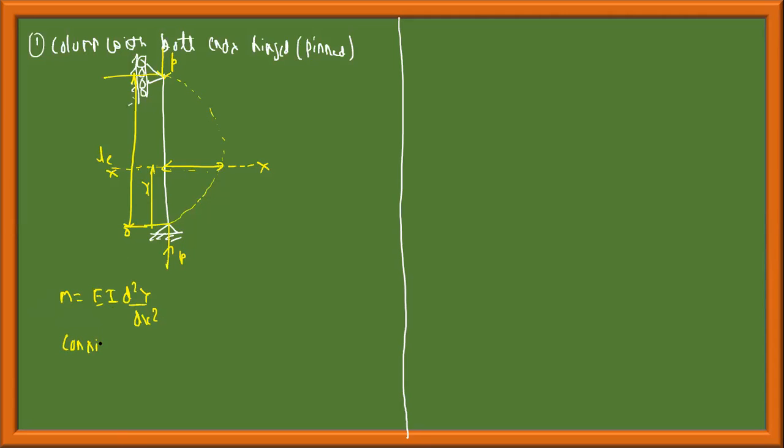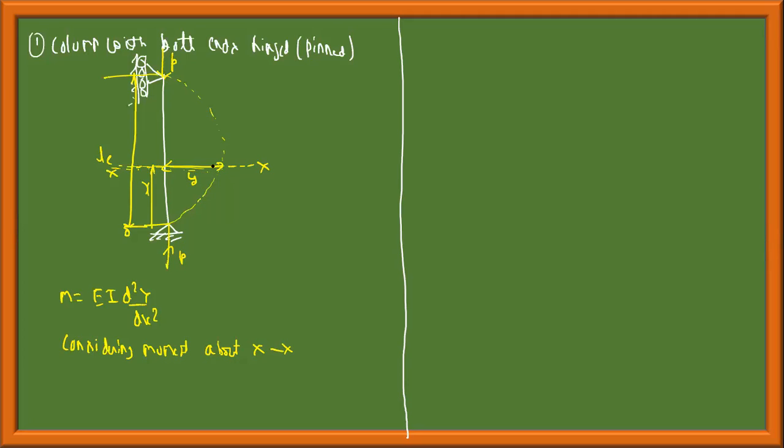Considering moment about xx, what is this deflection? Is it positive or negative? I always consider moment from the upper end. I am considering moment about this point. This deflection I will call y.